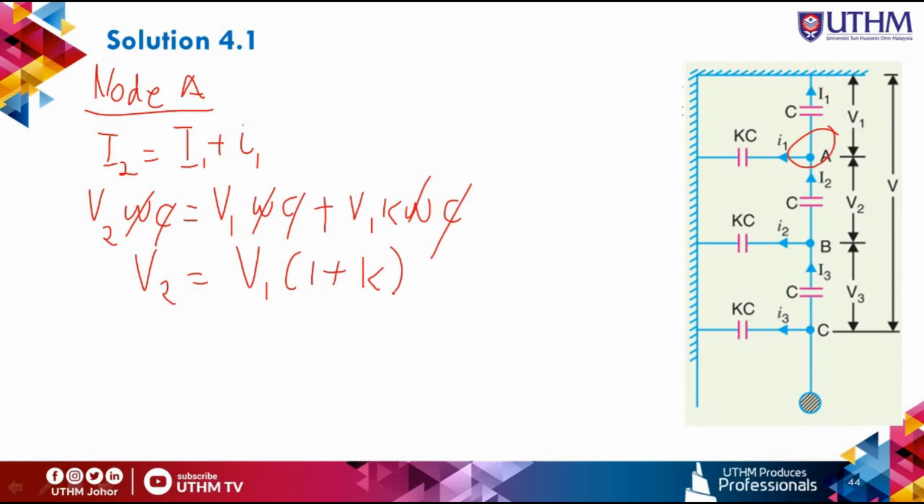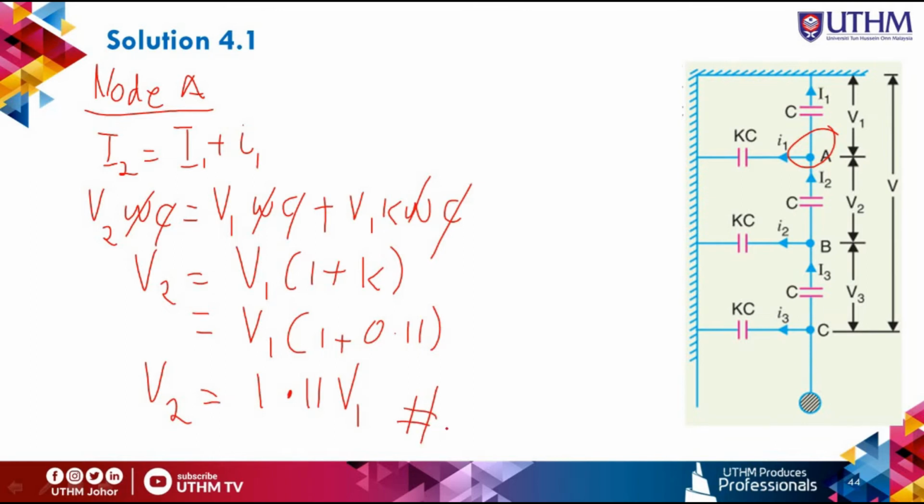So here we have V1 times (1 plus 0.11). So we got V2 equals 1.11 V1. This is the first equation for node A.